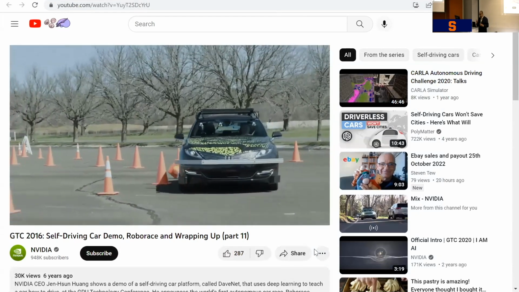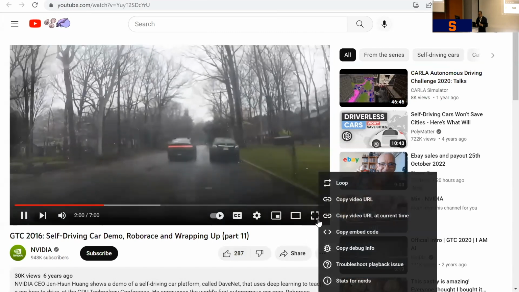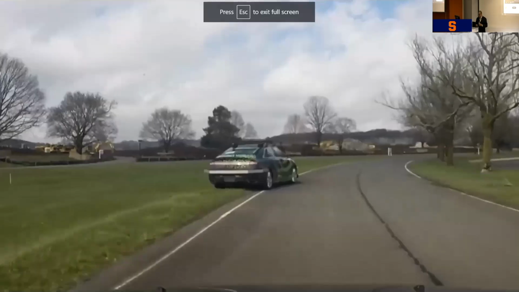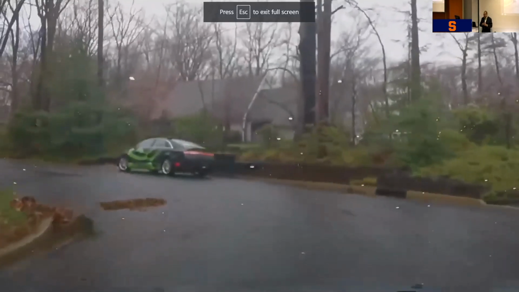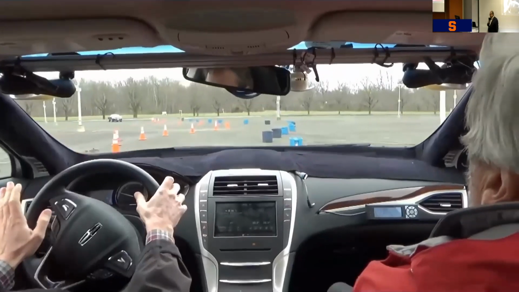So now it's not learned yet, it's very rudimentary. And look at how badly it's doing. So, but all of those interactions, the machine is learning.